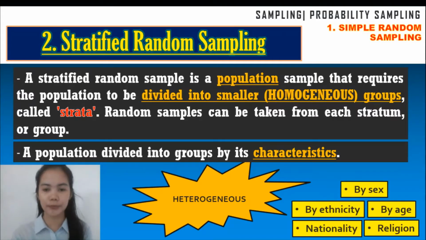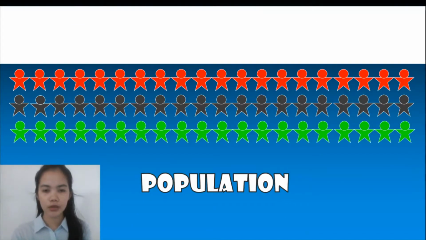For example, we have here 60 people for our population. And then, since stratified random sampling is divided by its characteristics, we can arrange or classify the population by sex, age, ethnicity, nationality, or religion.